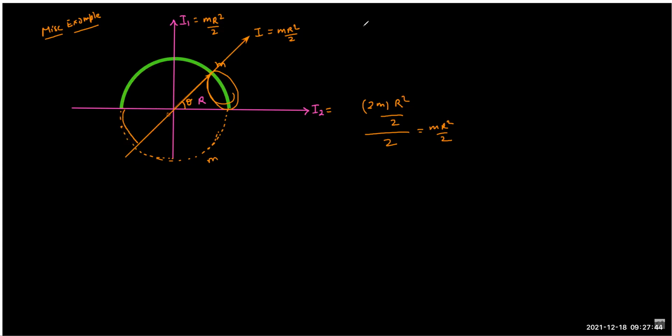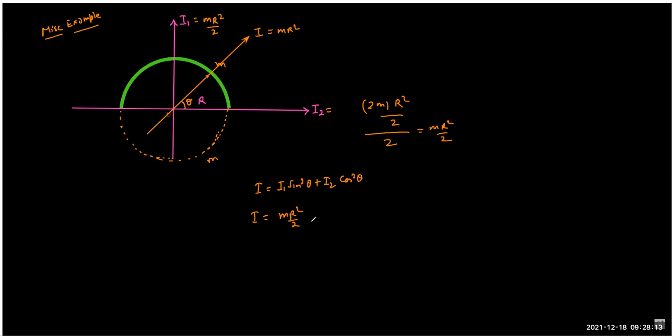The other way of thinking is, so we know that in a planar body, if you know the answer about two mutually perpendicular axes, then I we can write as I1 sin square theta plus I2 cos square theta. And luckily here I1 and I2 are the same.